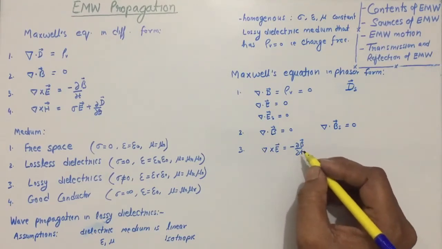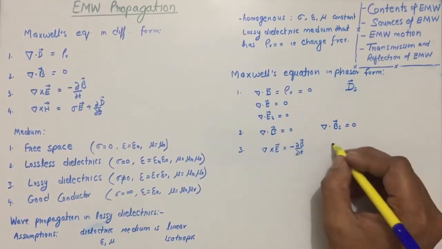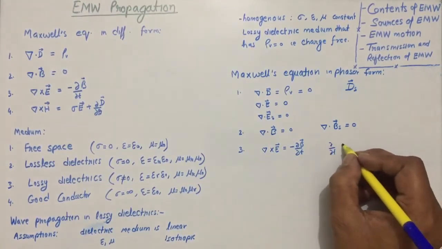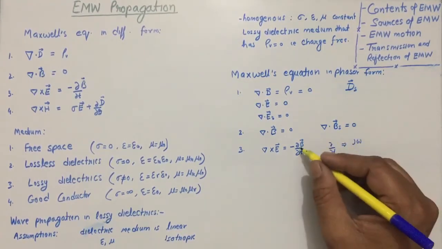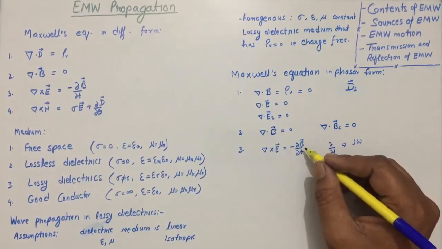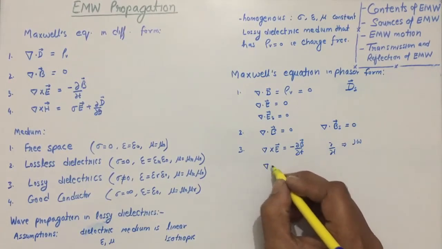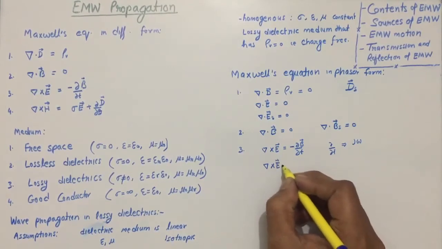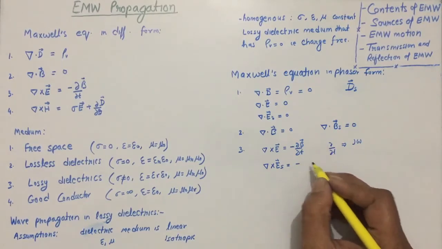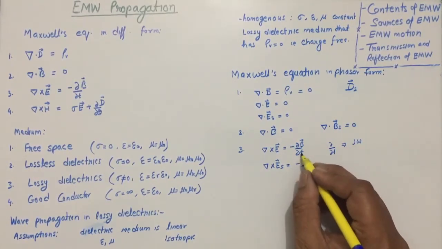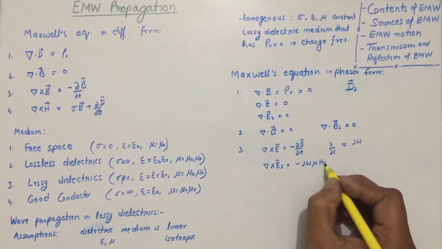If we transform it into phasor form, then this term del over del t can be written as j omega, and the remaining terms will be as they are, just with the notation s. So in phasor form the modified equation will be minus j omega, and B can be written as mu times Hs.